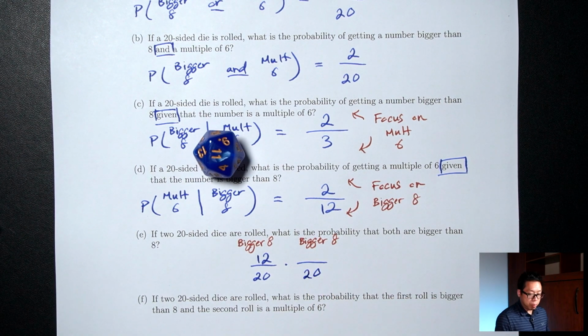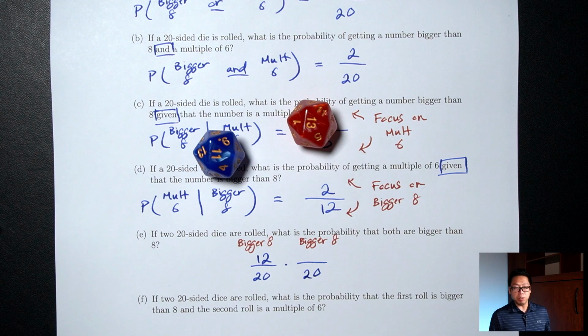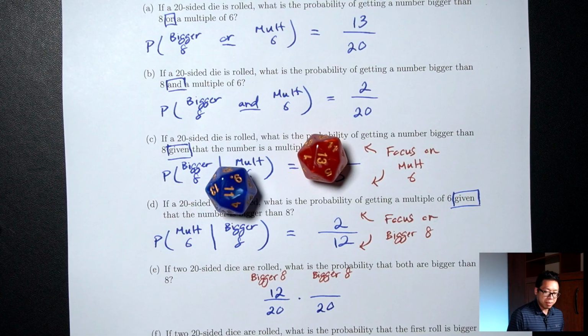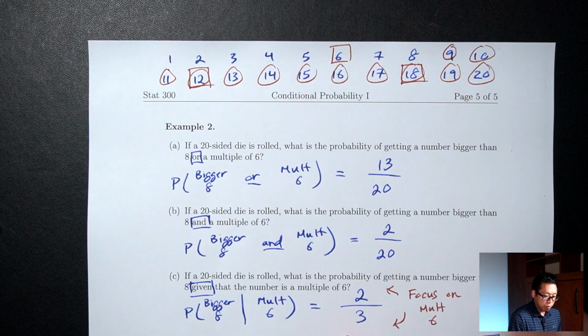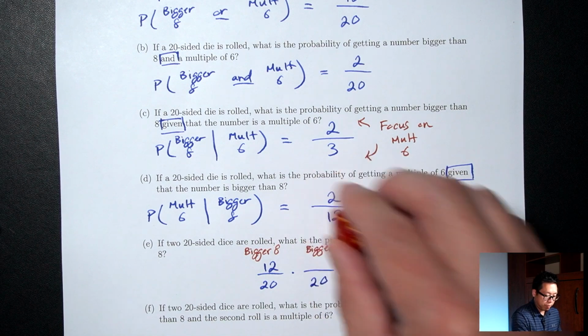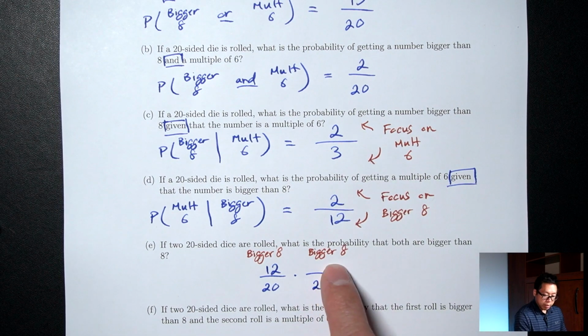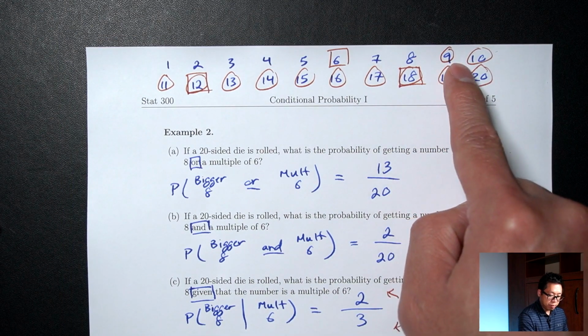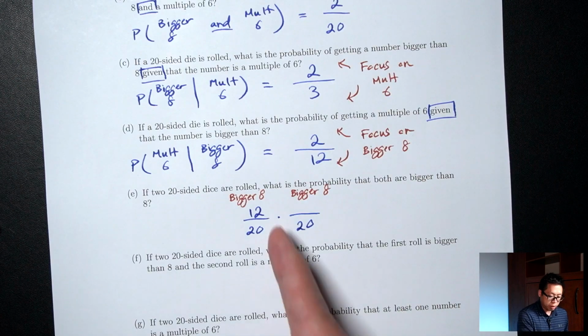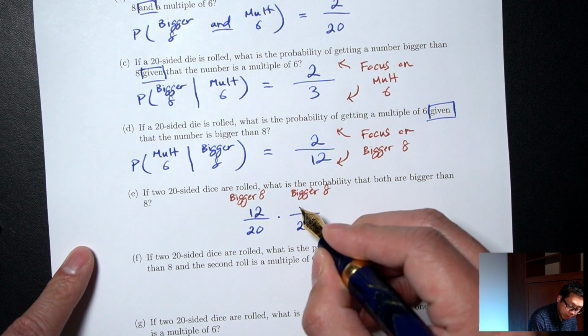So unlike picking people, for dice, we're not going to reduce. Because whatever happens on the first dice, the second dice is almost like a reset, and we can have the full 20 to choose from for the second dice. Second dice, bigger than 8, bigger than 8. Circles, 12, don't have to reduce because we're talking about dice.